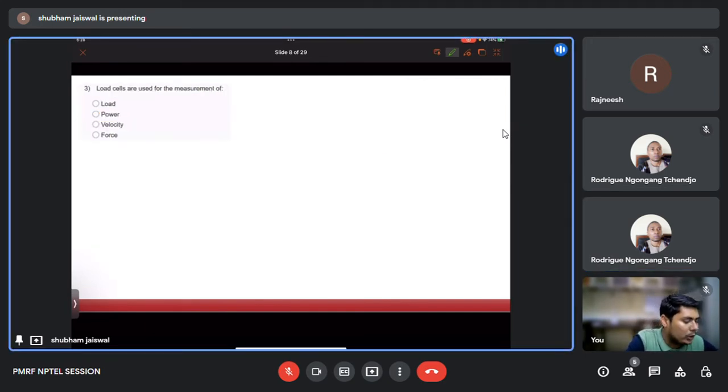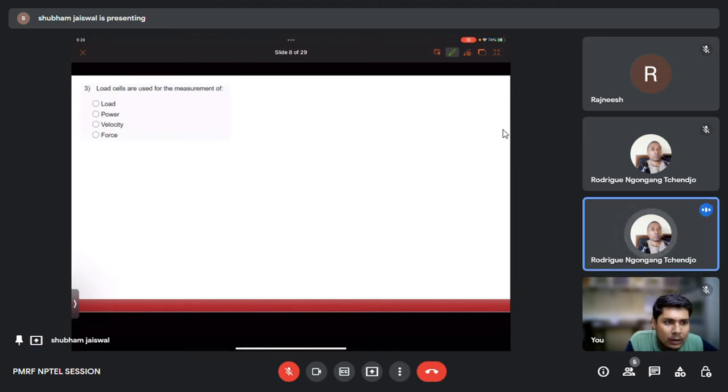Load cells are used for the measurement of load, power, velocity, force. What do you think, Mr. Roderick? Why do we use a load cell? I think it is used to measure force.